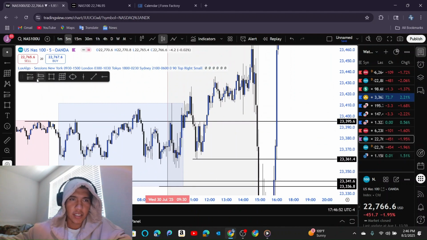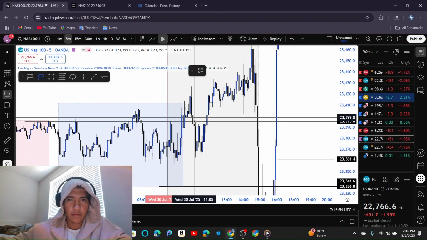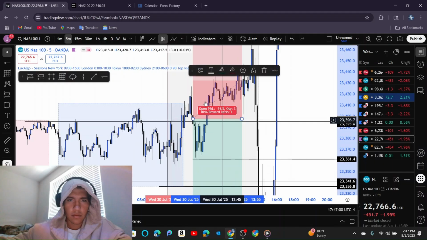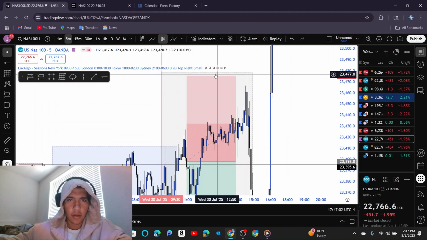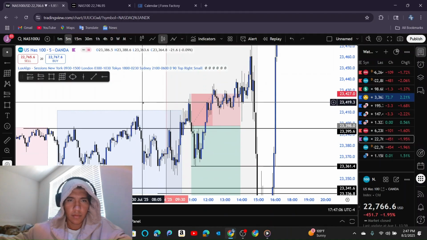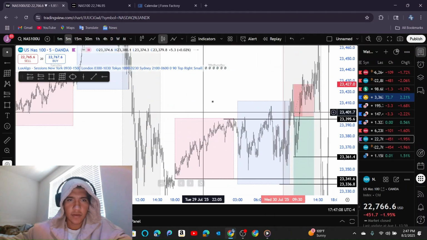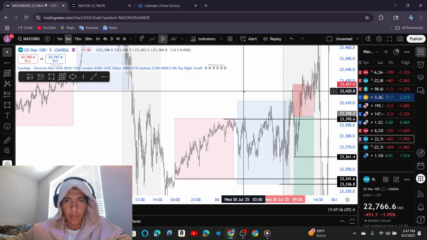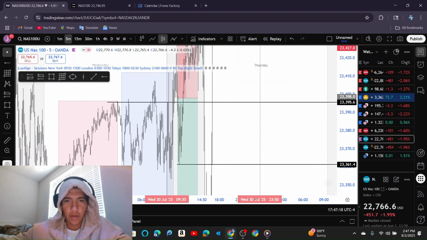This is the trade I actually did take right here, I believe. No, I set these to a different high. I set these here. Yeah, I did set them right there actually. So we have those highs.